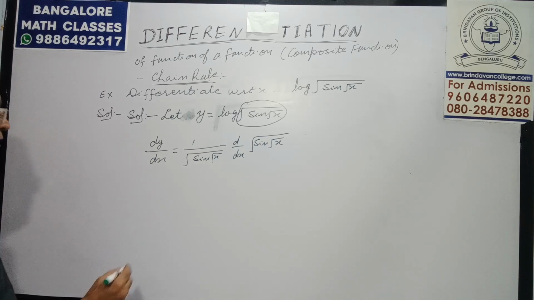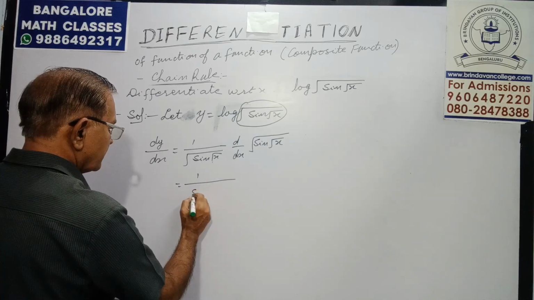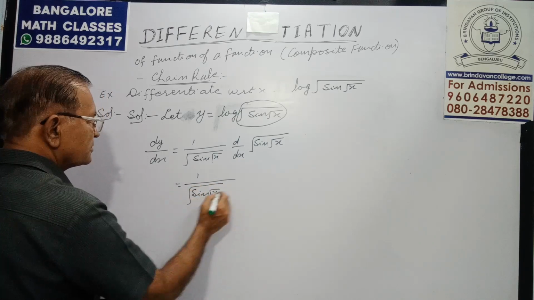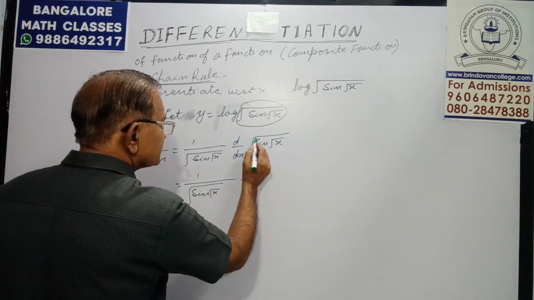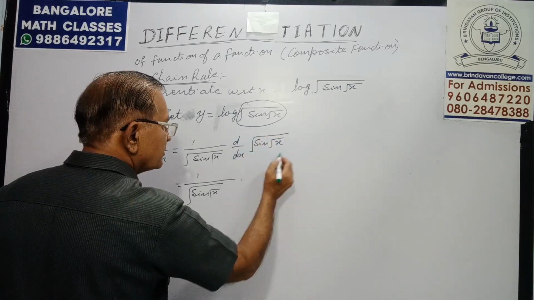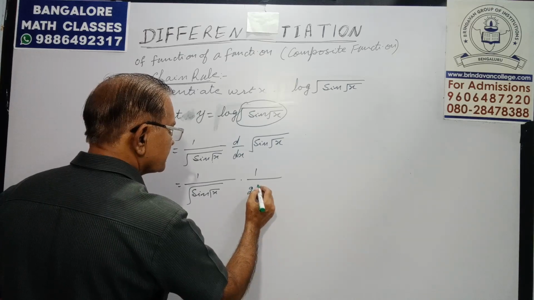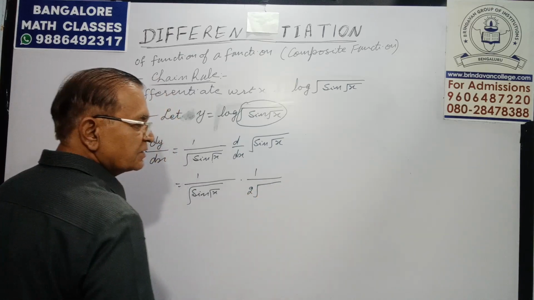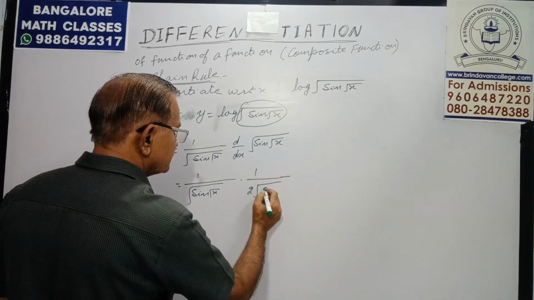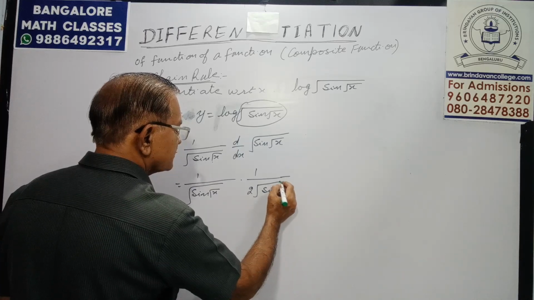Right? Equals 1 by sine root x, then whole root, d dx of this part, root x. We know the differential of root x is 1 by 2 root x. So 1 by 2 root sine root x.